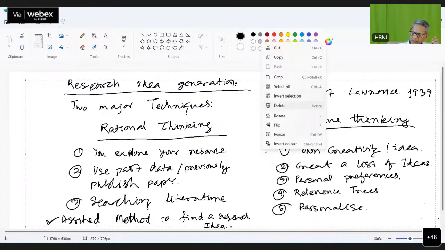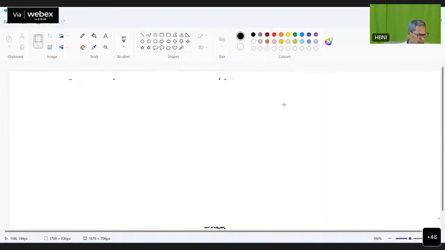But as I showed you, you can do it through creative thinking, or through rational thinking. So your area of research will lead you to find your research topic. You have an area of interest where you want to work. That will lead you to find your research topic.